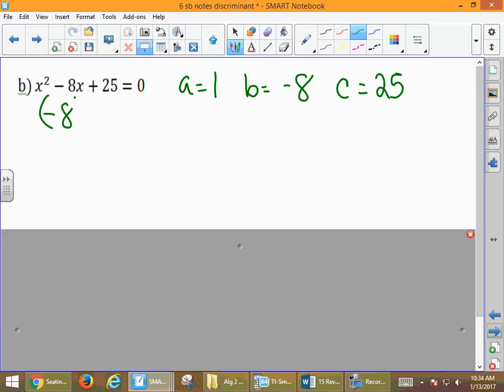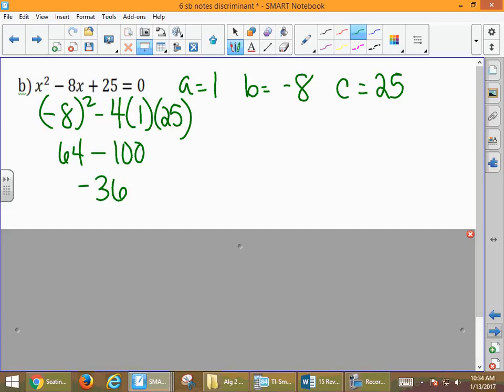B squared minus 4 times A times C. If you're typing in -8 squared in your calculator, you must have parentheses. -8 squared is 64. 4 times 1 times 25 is 100. And 64 minus 100 is -36.